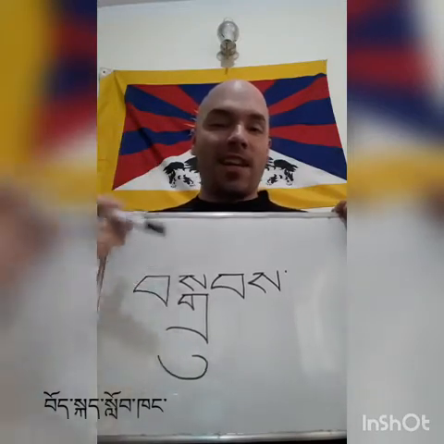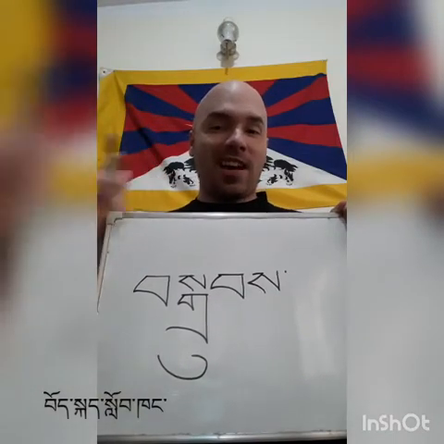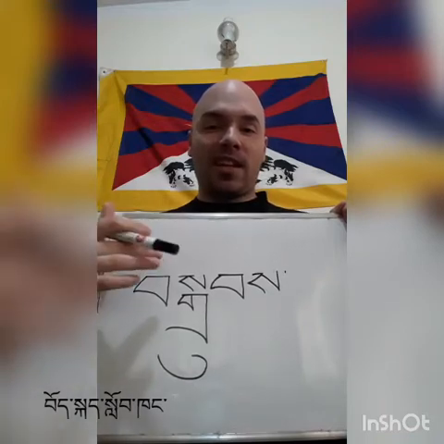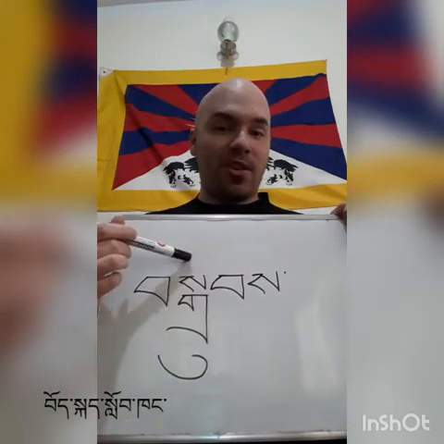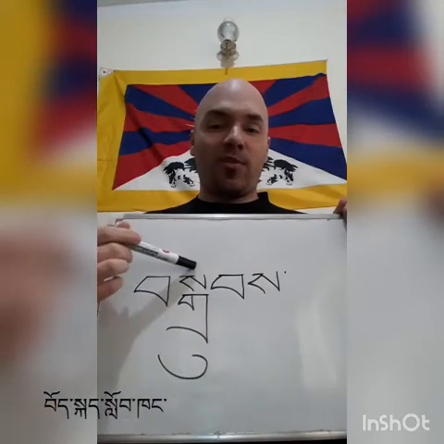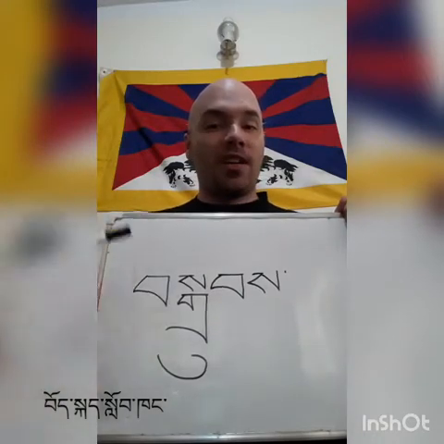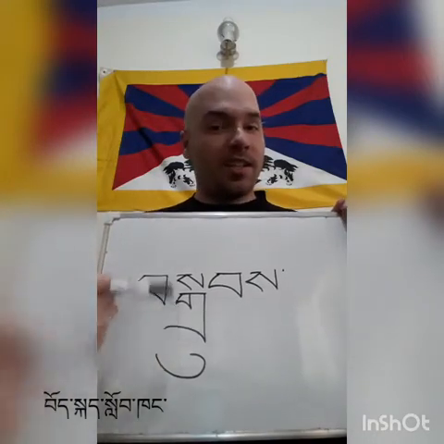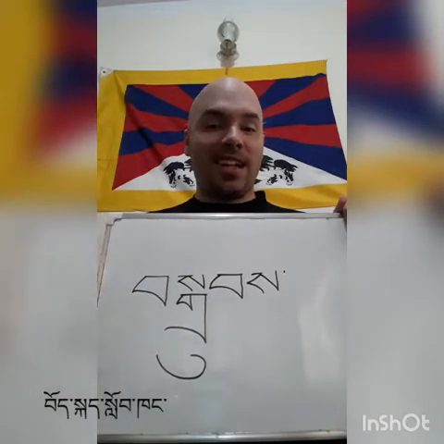But actually, it only becomes the English G sound when there are other letters that are added onto it, such as a prefix or a superscript, okay? So when you have a prefix or a superscript with this ka, then it loses aspiration, and that goes for the other letters that have aspiration too, okay? So then this becomes more like the English ga sound, right?